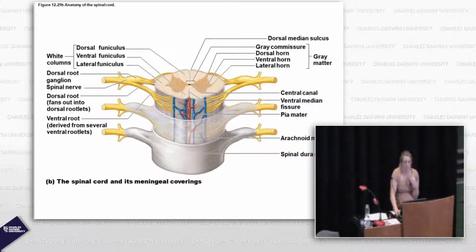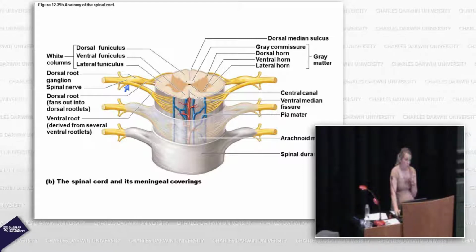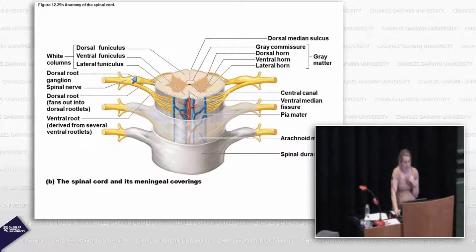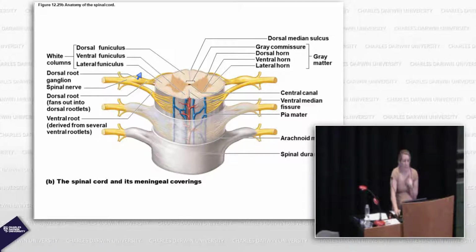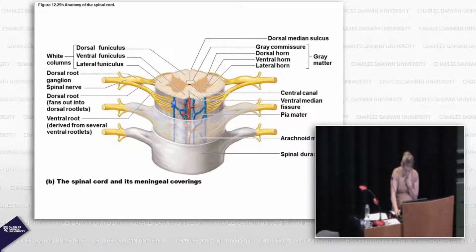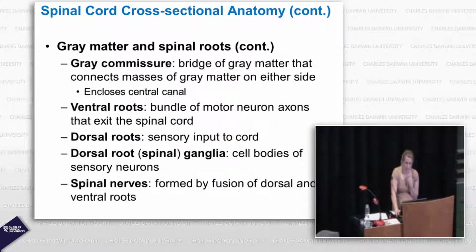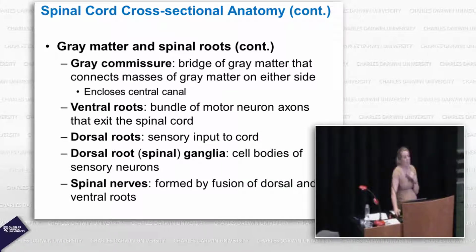The cell bodies of the dorsal neurons are actually within this ganglia, whereas for the motor neurons, the cell bodies are in the grey matter of the ventral horn. I'm sorry, the two roots will exit the spinal cord and join together to form the spinal nerve.